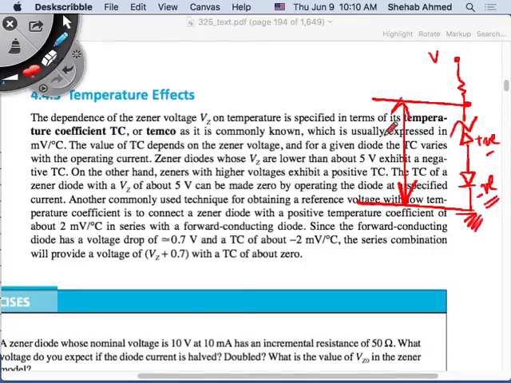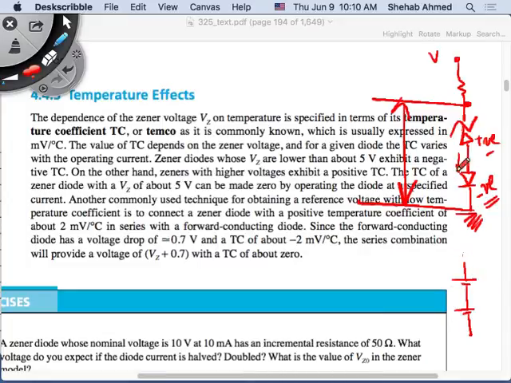And the regulated voltage here will be equal to what? You have to look at the model. The model of the Zener is VZ0 looking this way, and this is the diode. The diode is going to have a forward voltage opposing current flow.